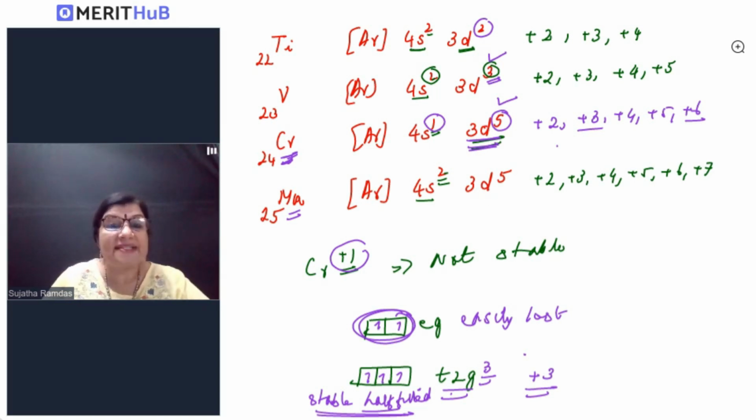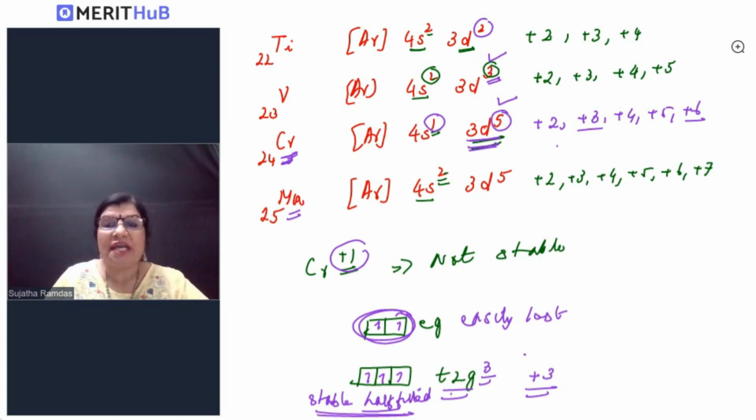The difference lies in the atomic number. Manganese has a higher nuclear charge, so stronger attraction to these 5 unpaired electrons. 3d5 is stable, and also these 5 electrons are strongly attracted to the nucleus of the manganese ion.